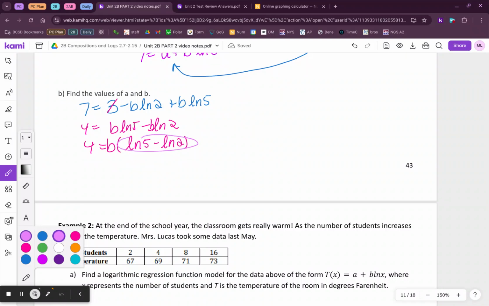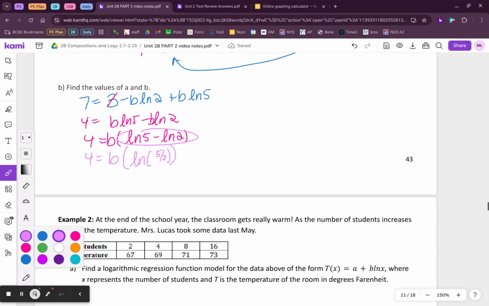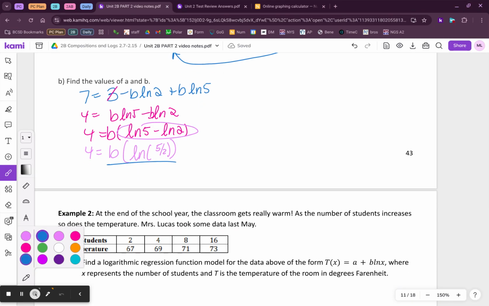Remember, if I have 2 logs being subtracted, it's the same as ln of 5 divided by 2. And I can divide both sides by that natural log. B is then ln of 5 over 2 divided into 4.